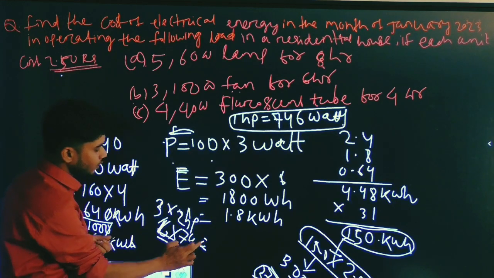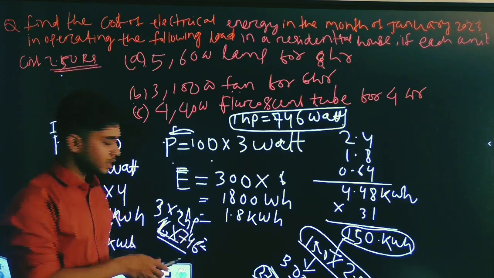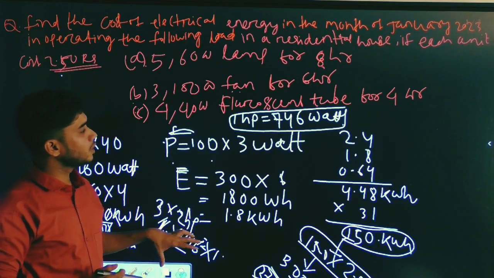This gives you the total power, and if they are on for a period of 10 hours, then just multiply it again with 10 to calculate the total energy. This is the way you can solve it if the load is a motor load.